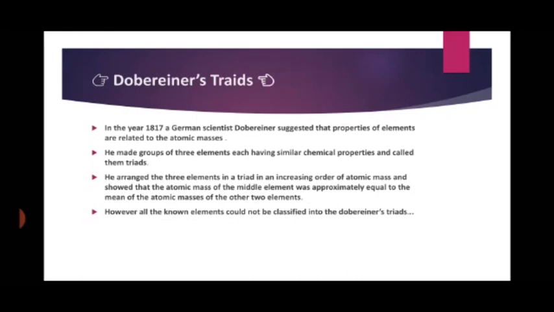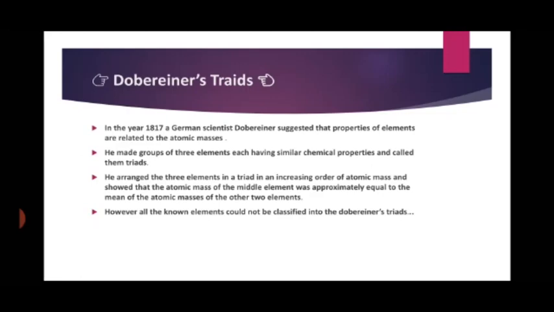Now, first we discuss the Dobereiner triads. First, try to understand what is meant by triads. Triads means three. Dobereiner, in the year 1817, a German scientist, suggested that the properties of elements are related to their atomic masses.